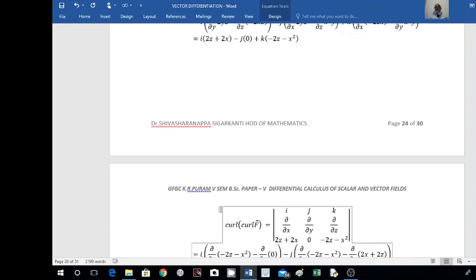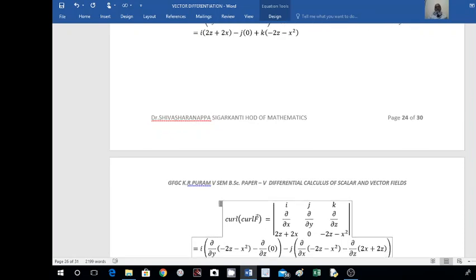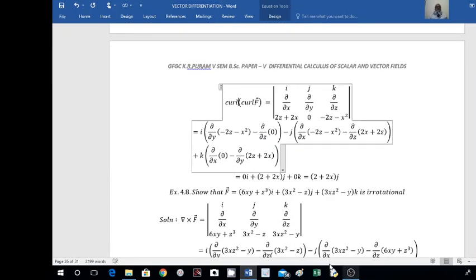Okay, now expanding this determinant, i into dou by dou y of this. There is no y term here, therefore this becomes 0, minus dou by dou z of 0 is 0, so the i term becomes 0.